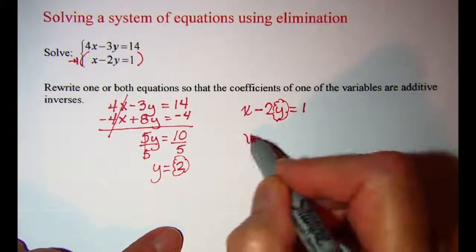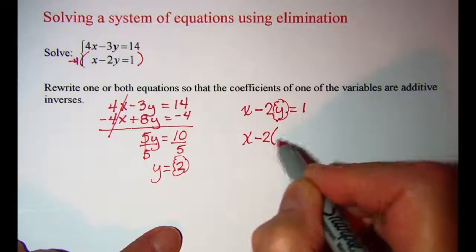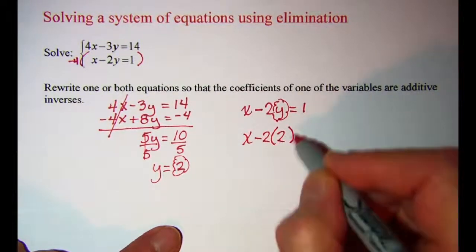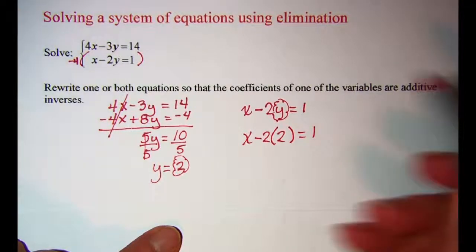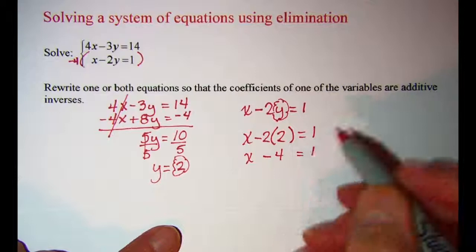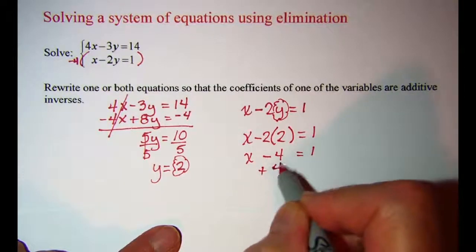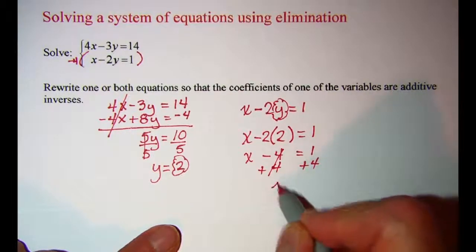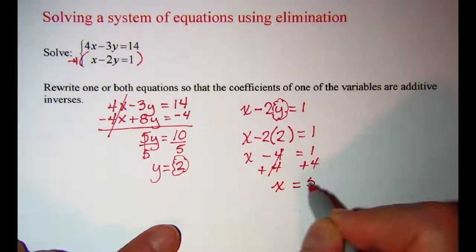So I have x minus 2 times, and then in place of y, I'm going to put the value 2, equals 1. So I have x minus 4 equals 1. Add 4 to both sides. And these cancel off, and I get x is equal to 5.